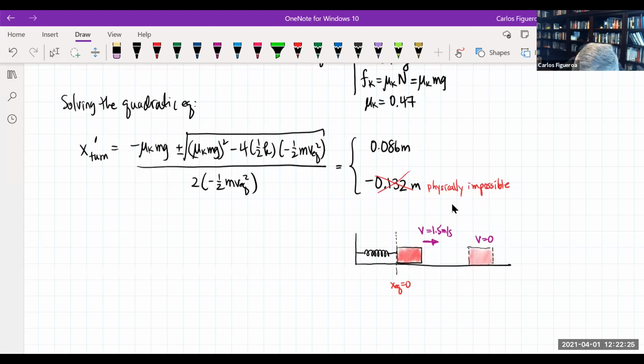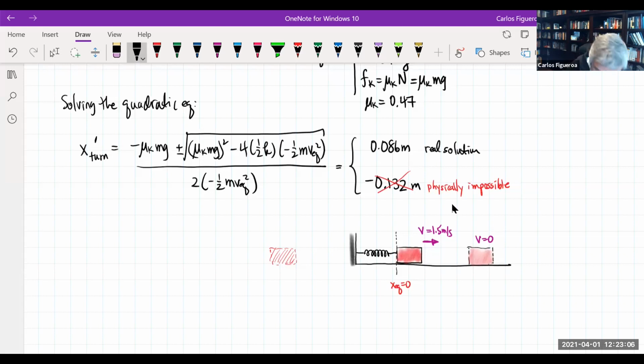So this cart, from the equilibrium point, should eventually also be over here at some point. And that point is this negative 0.132 behind that thing. But we assume that this is a barrier and it can't get there. That's what I mean by it being physically impossible. It can't go through the barrier. So the only reasonable solution, because you can't go through the barrier, is this real solution.